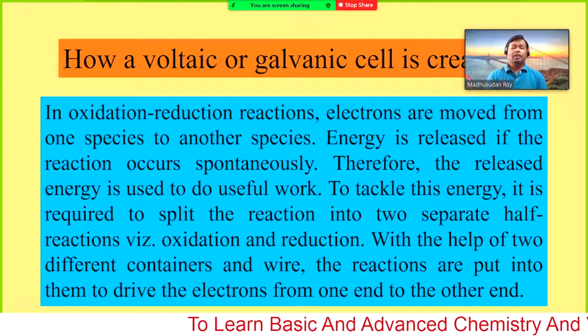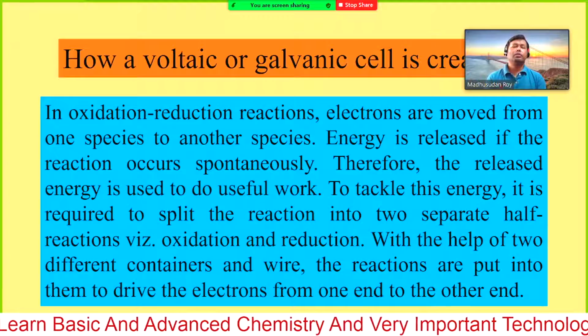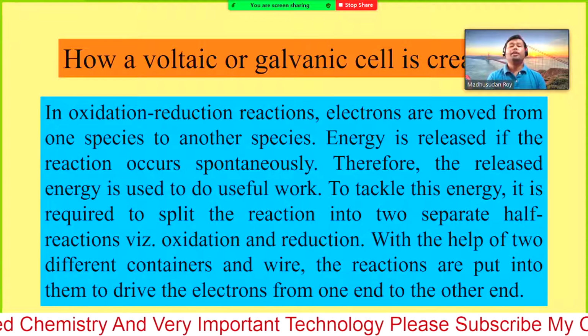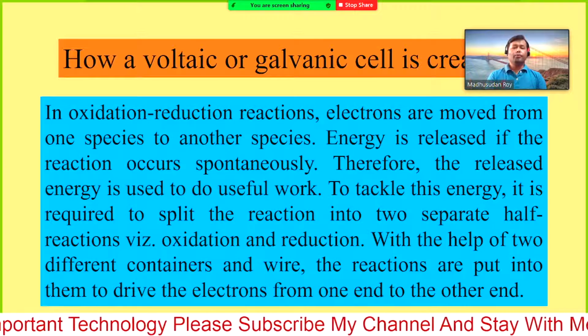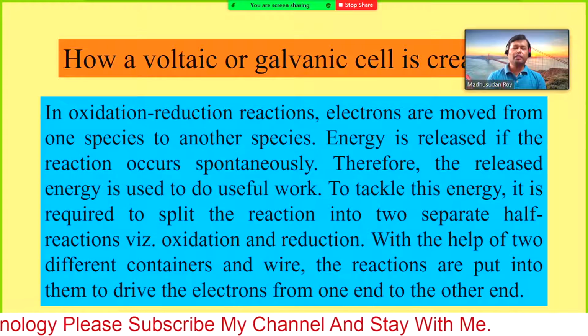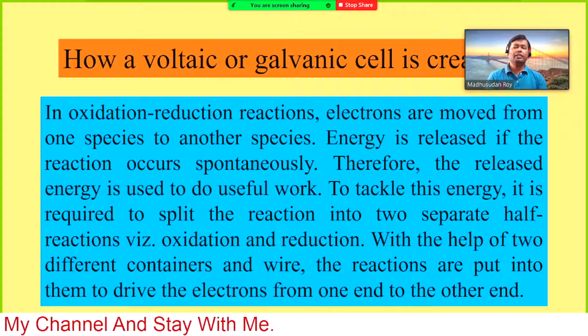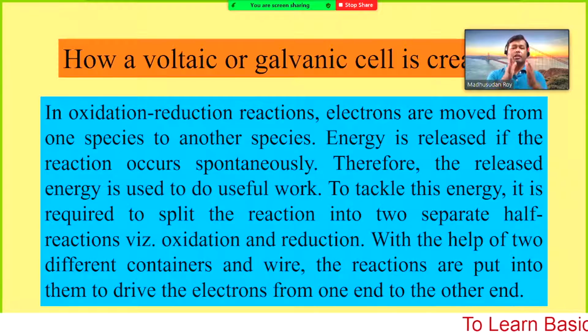If we have two separate containers with the half reactions, we need to make some extra connections. If you put the half reactions in the same container, then it can supply the ions automatically or spontaneously.